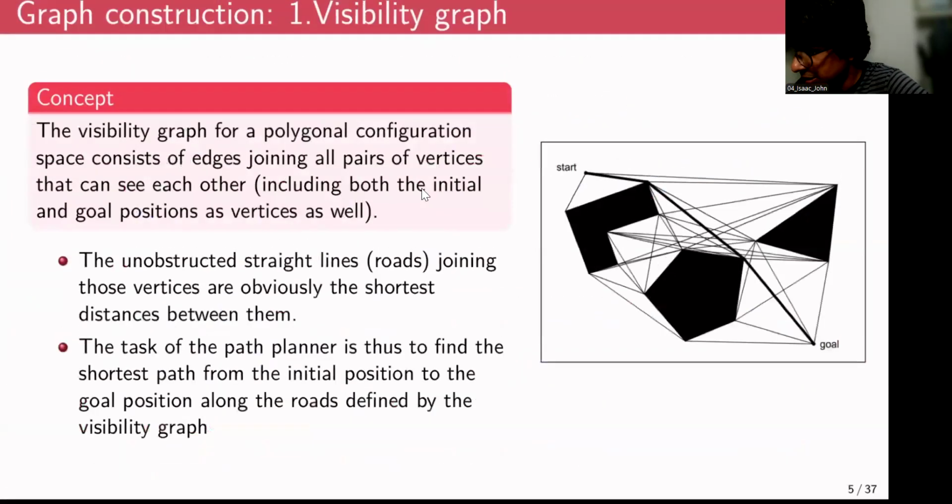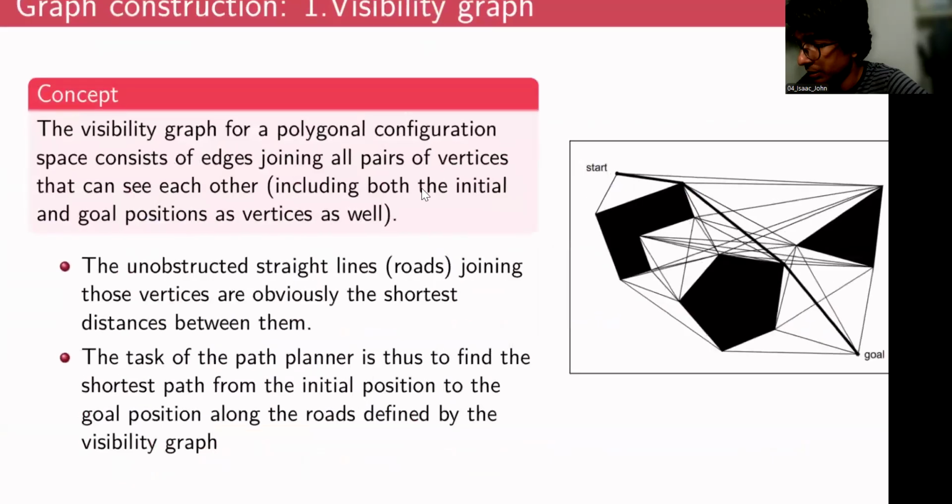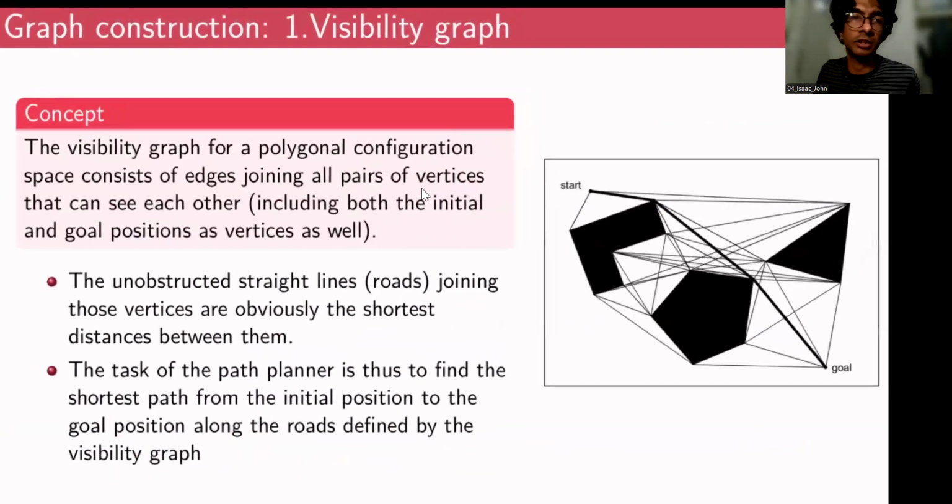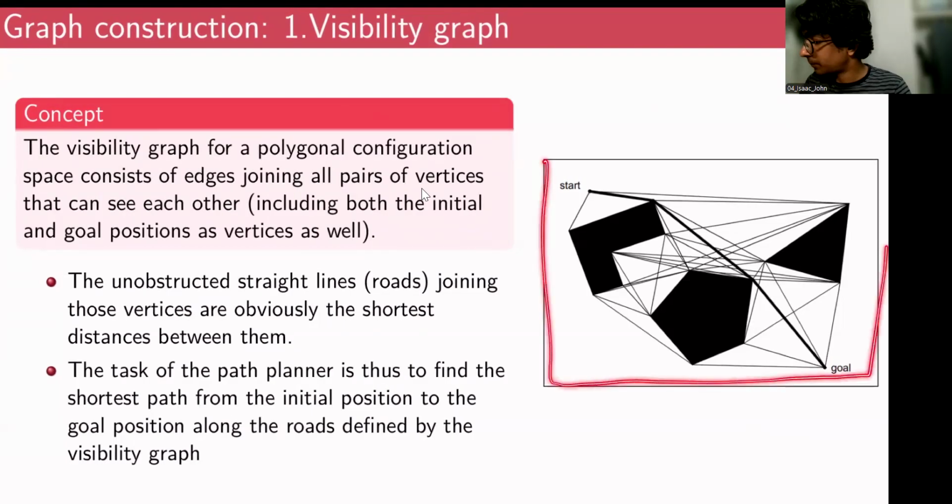So these are the specifics for the first method, the first method on graph construction, what we call the visibility graph. You can consider this image to be the map that you have been given, right? So you have a map of the environment.